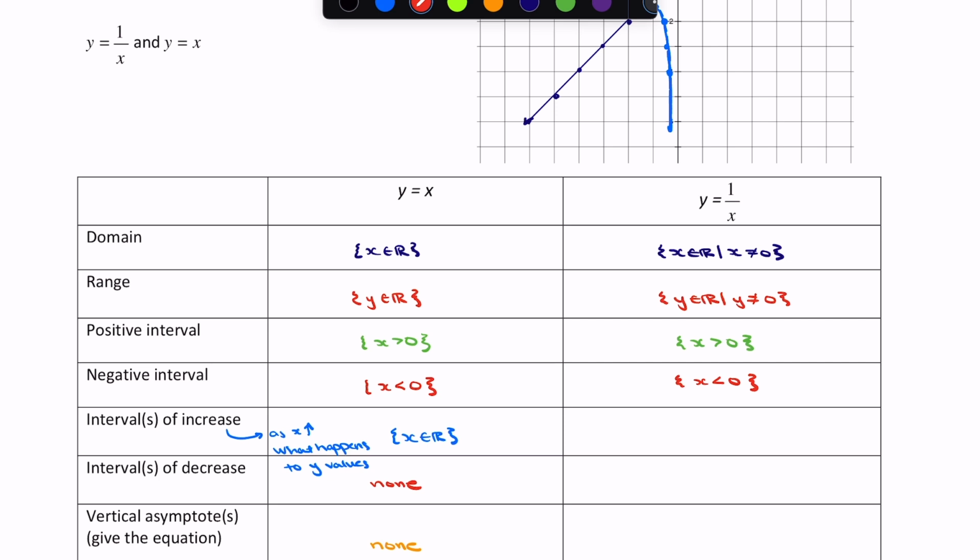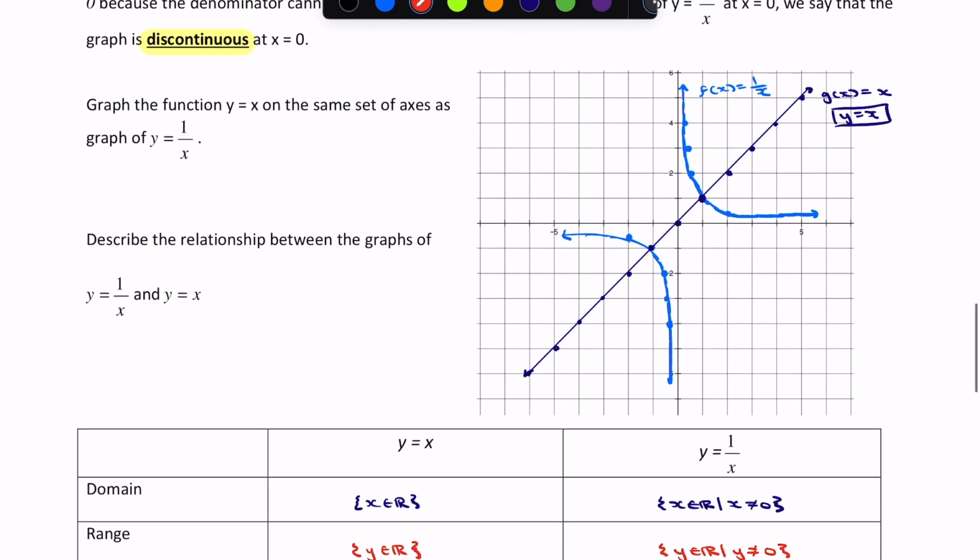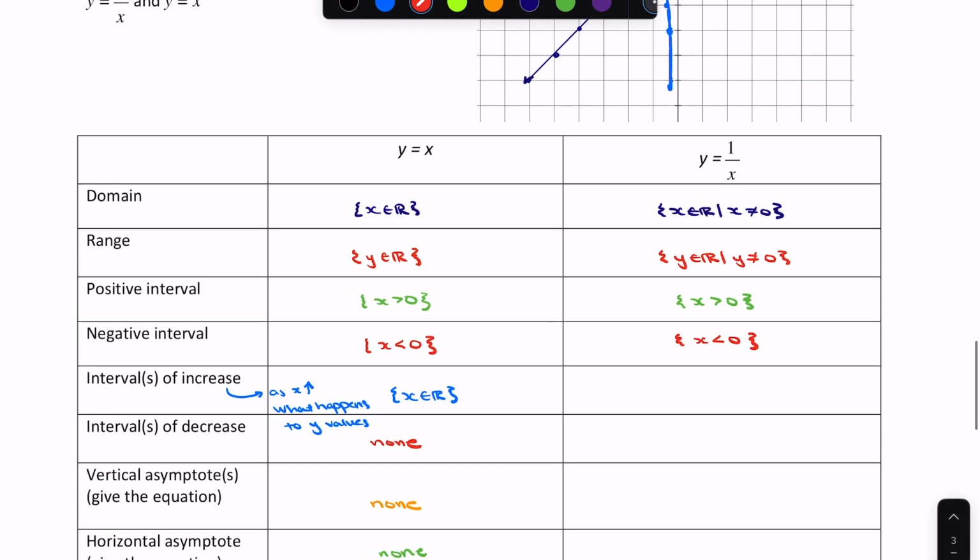If we look at the intervals of increase, so here if we look at our graph, f of x is equal to 1 over x, as the x values increase, is there any point where the y values increase as well? And there isn't. So we can say none.